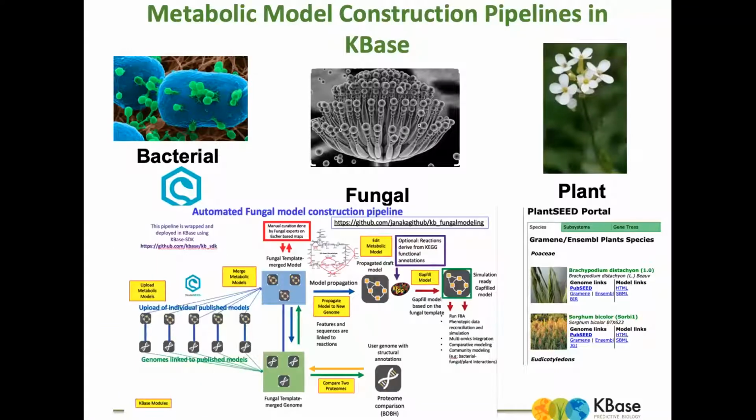And for fungal, and also the plant, the strategy is that we have a curated set of biochemistry that is derived from published metabolic models. The way we propagate that biochemistry into the genome of interest is that we compute orthologous protein families between these published models and your genome of interest, and then we propagate the biochemistry based on those orthologous protein families.